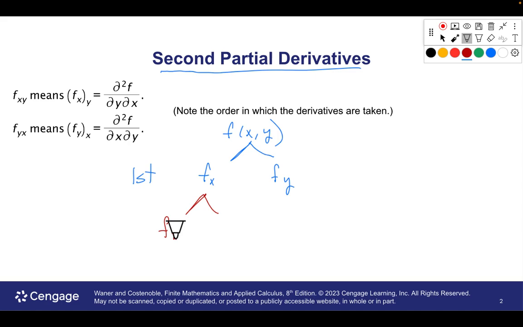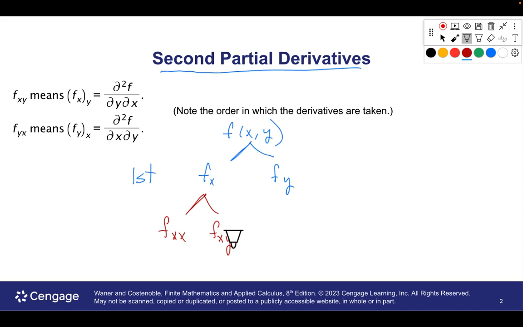Of the x that we took. And then the second letter tells us what's the other variable we're taking the derivative of. So we take the first derivative with respect to x, and we're going to take it with respect to x again. But the second time, or the other variable, is with respect to y.